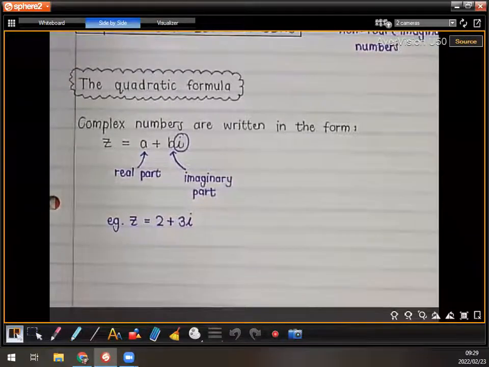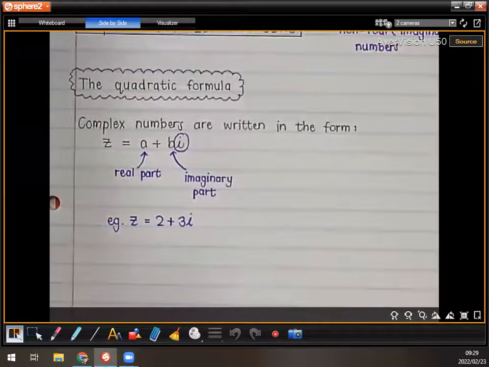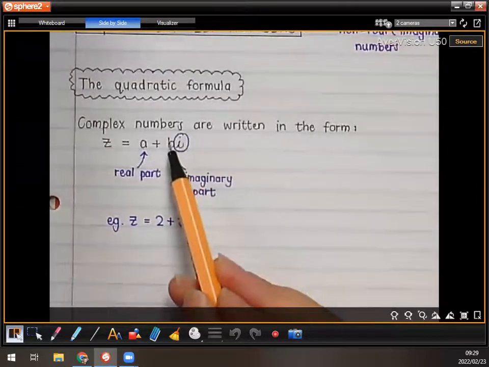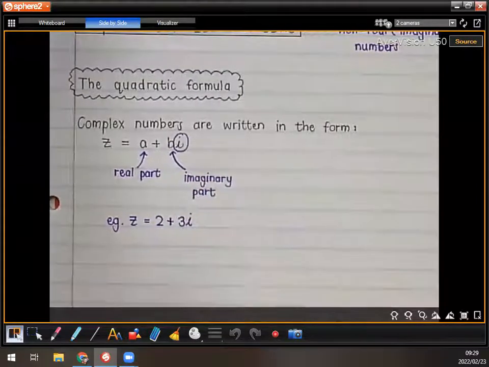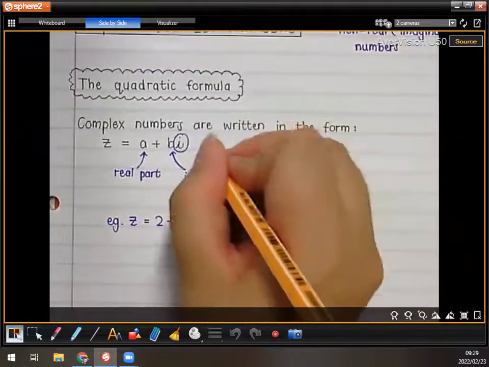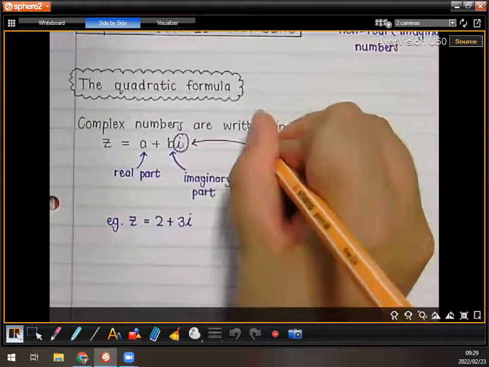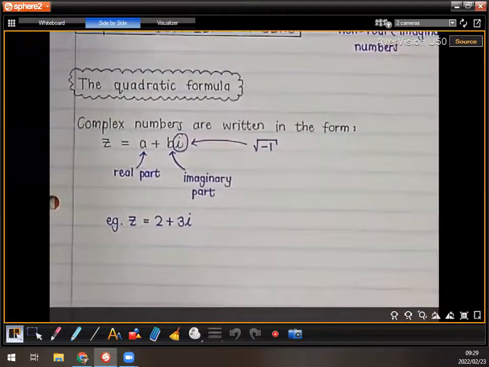The real part is the one that doesn't have an i, whatever that number is. And don't worry if you're confused now, we're going to work with this for a long time. We're going to work with these a lot. You'll see. The b, that number in front of the i, is the imaginary part of the number. But i actually has a specific value, guys. i is the square root of -1.